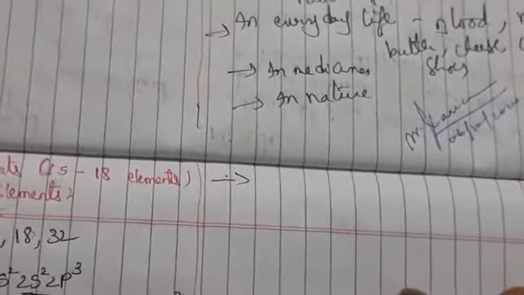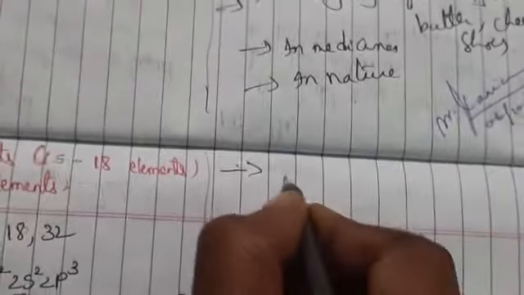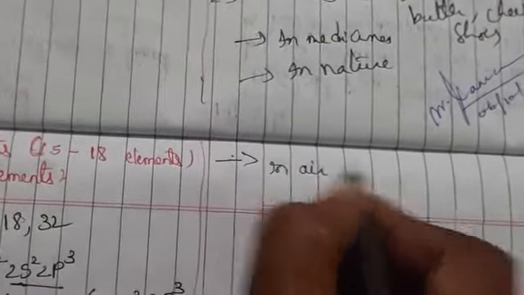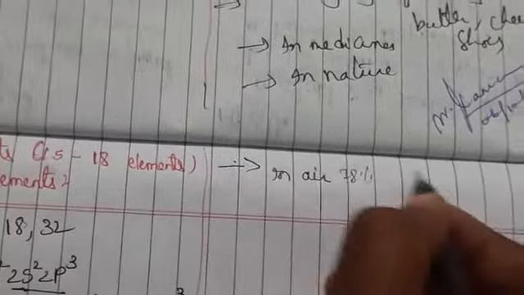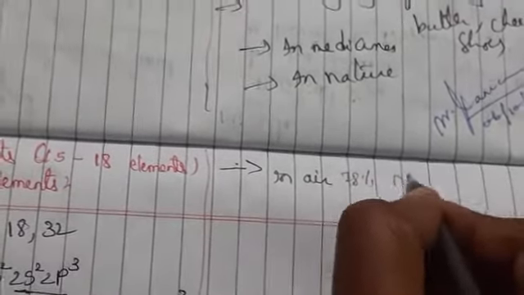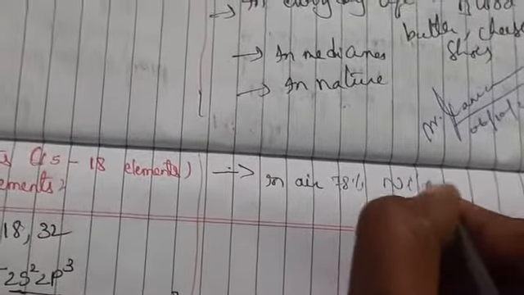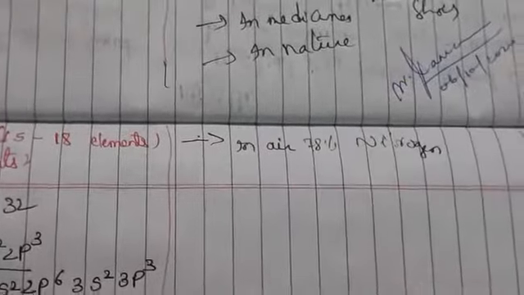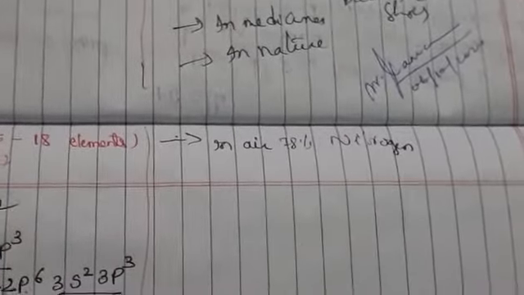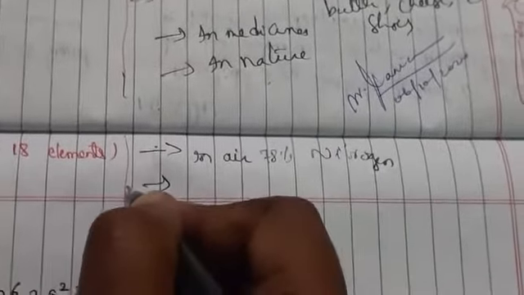So generally in air, if you have observed, how much nitrogen do we have? 78% is occupied by nitrogen. Yes or no? So 78% is occupied by nitrogen. Nitrogen is also an important element of proteins and amino acids.